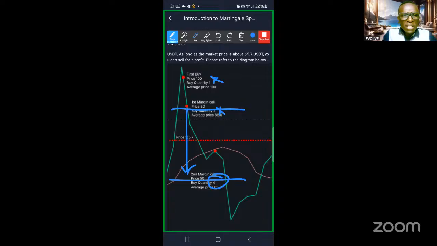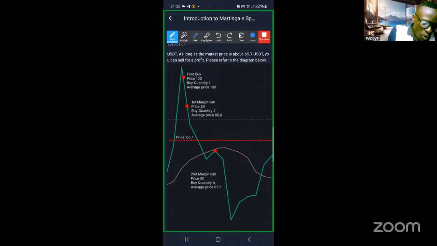Because the more coins you get, the more quantity you receive, the more you reduce your average price. The more quantity you receive, the lower the average price. So every time the market goes down, fight to get more coins.